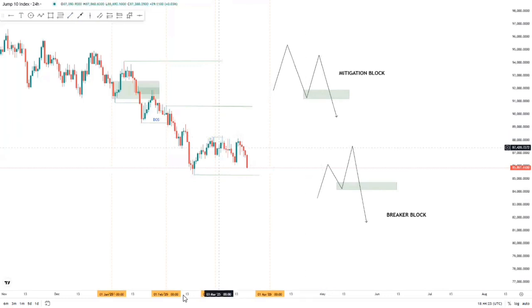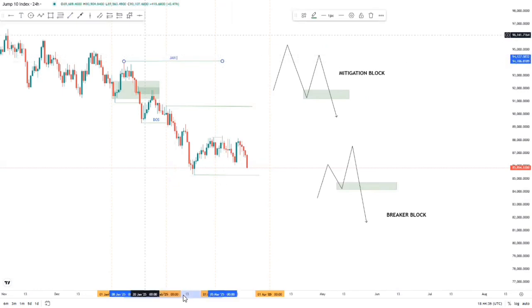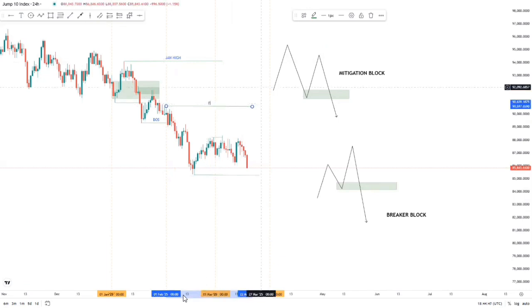So whenever you mark the previous month high or the previous month low, so January high, and this was January low. Feb high, and this is Feb low.